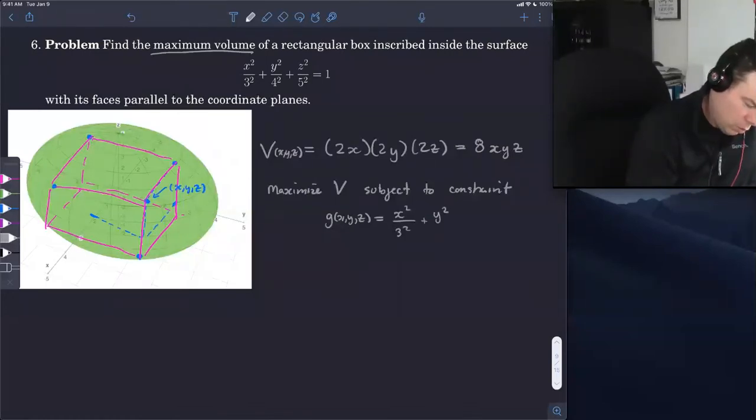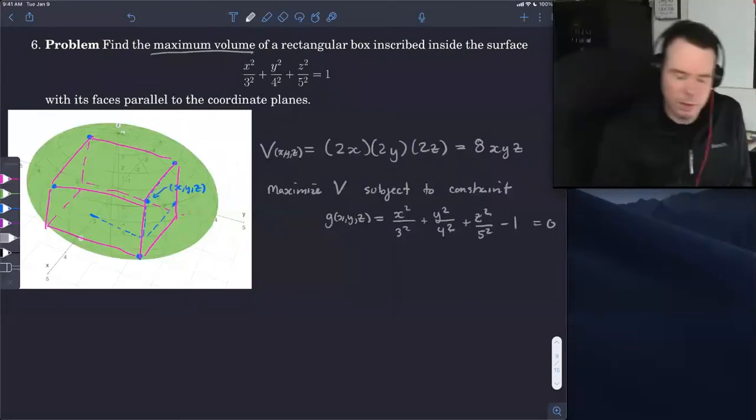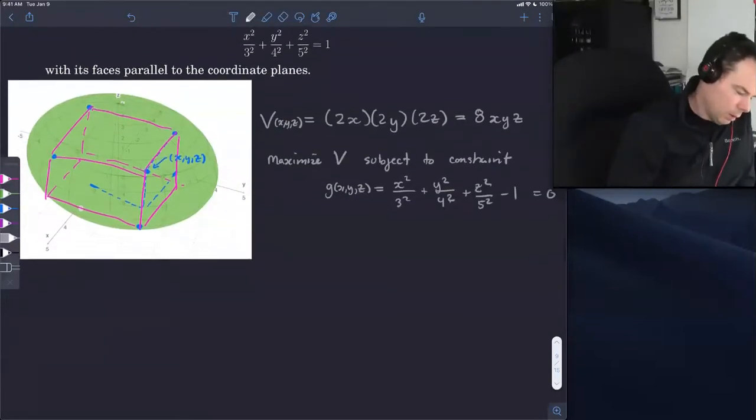So that's our constraint: x squared over 3 squared plus y squared over 4 squared plus z squared over 5 squared minus 1 is equal to 0. That's our constraint.